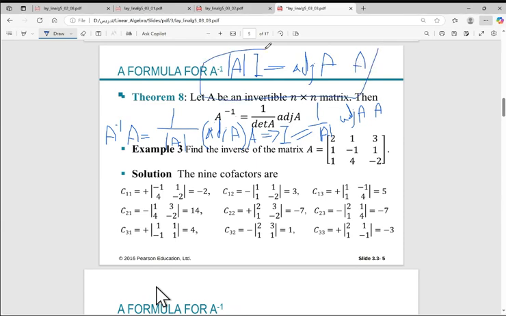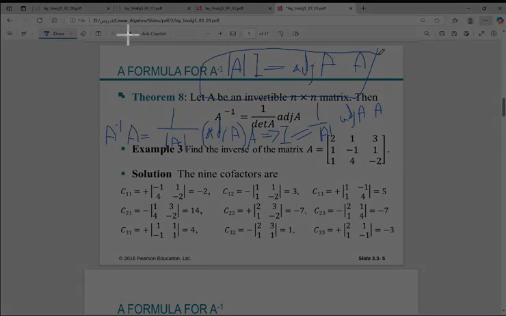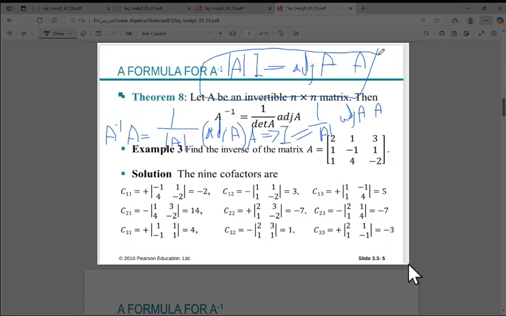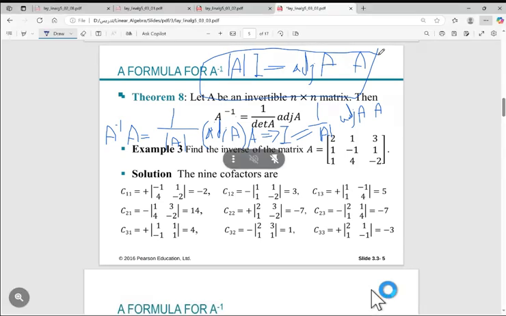This is a very nice formula. So what does this say? It says multiplication of adjugate of A and A is always a diagonal matrix, and this diagonal matrix is the multiplication of determinant of A and identity matrix.